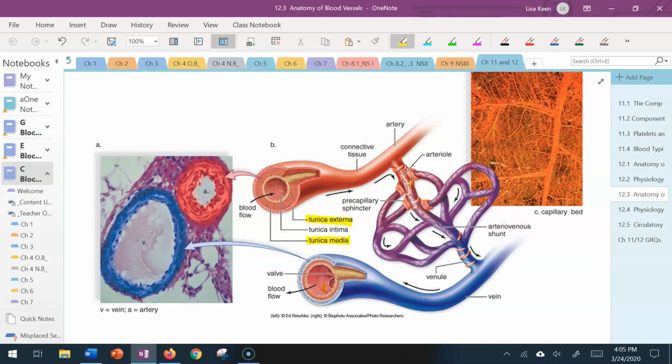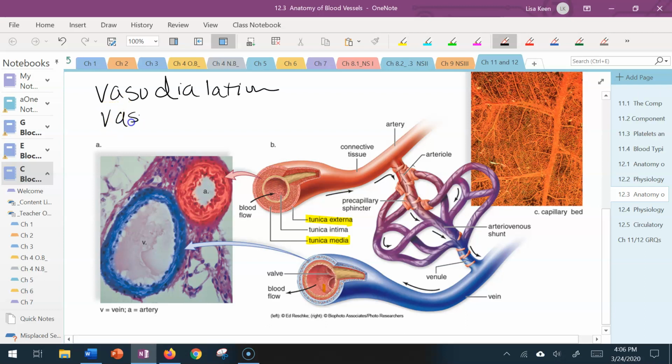Remember that blood vessels can open and close involuntarily. We call that vasodilation and vasoconstriction. That's one word, vasodilation. And that would be when your blood vessels would open. So if you were outside on a hot day and you were exercising, and your blood is going to come to the surface of your body, and you're going to look red and flushed, that's vasodilation.